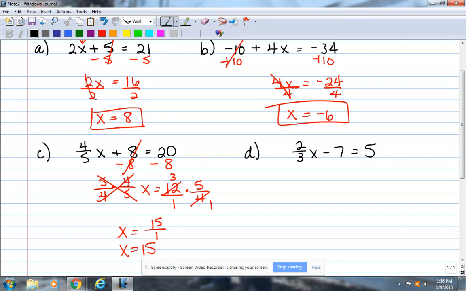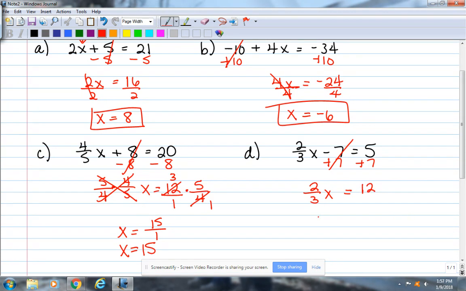So somebody tell me what I'm going to do first. Good. We're going to add 7. So 2/3 x equals what? What's 5 plus 7? 12. I didn't mean to use the same number on both of them, but it's okay.